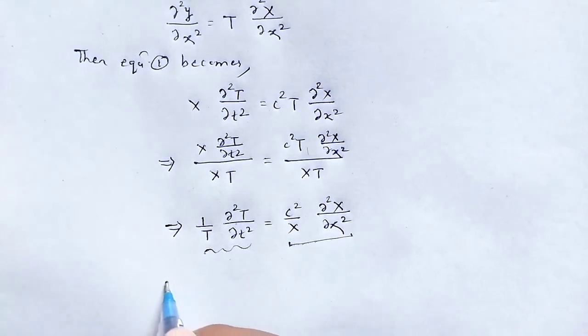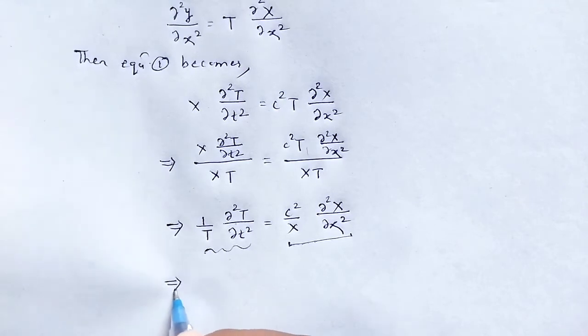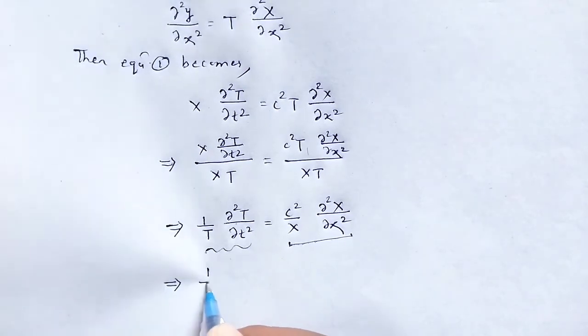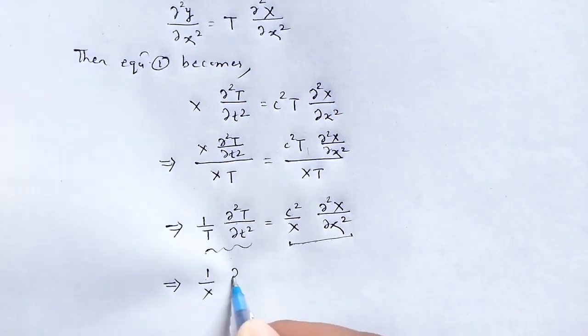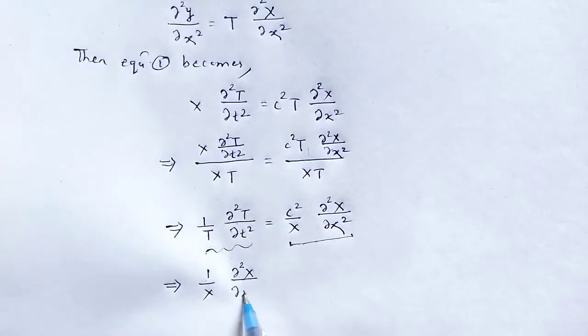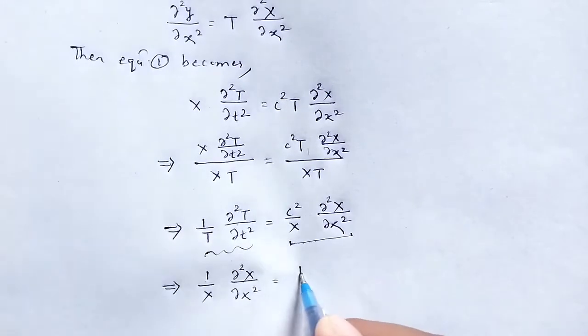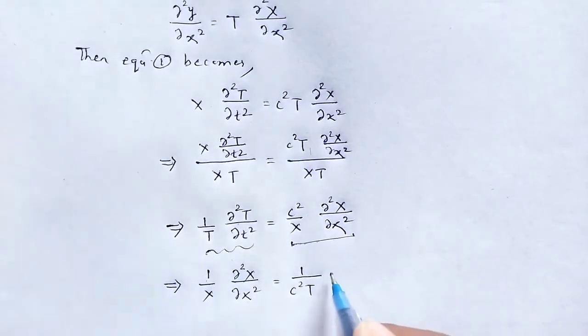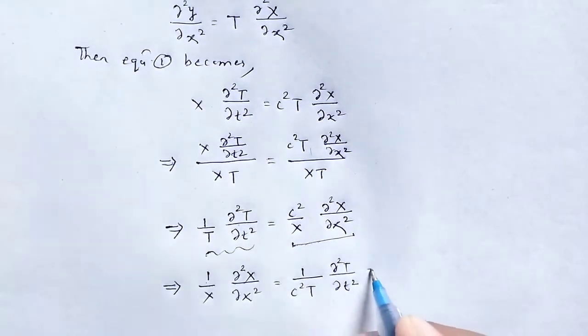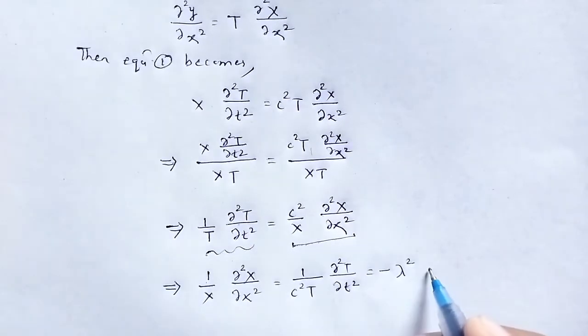Let 1 by X del 2X del x2 is equal to 1 by c square T del 2T del t2 is equal to minus lambda square.